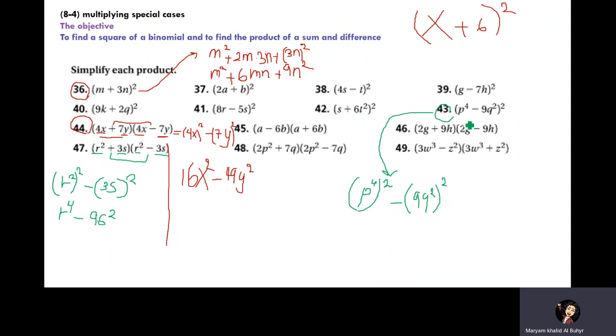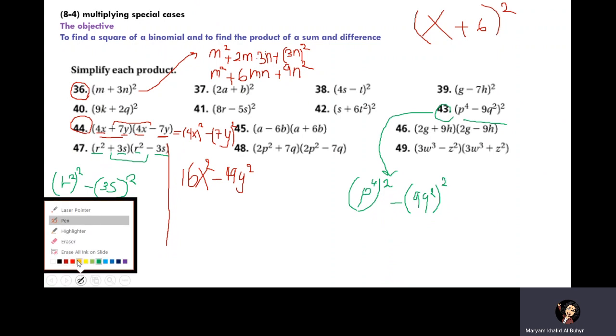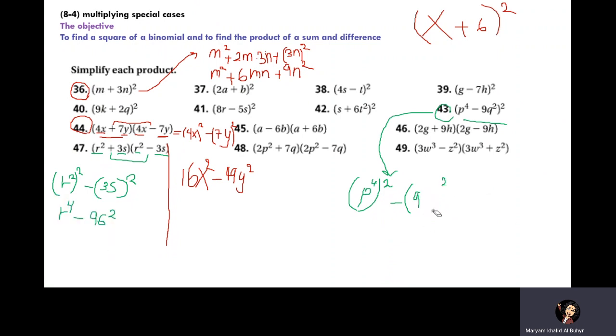I have a mistake here. First number squared, the last number squared, minus, I have to keep a space, that should be at the end.